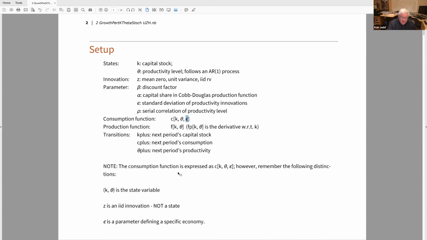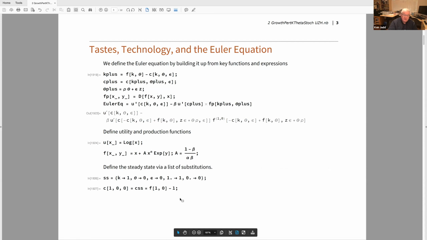Okay, so we're going to treat K, theta, and epsilon symmetrically as functions. This is something that I am not proving. It's true, but proving that requires some non-trivial functional analysis. So K and theta are state variables. Z is an innovation, it's not a state, as you'll see, and epsilon is a parameter defining a specific economy.